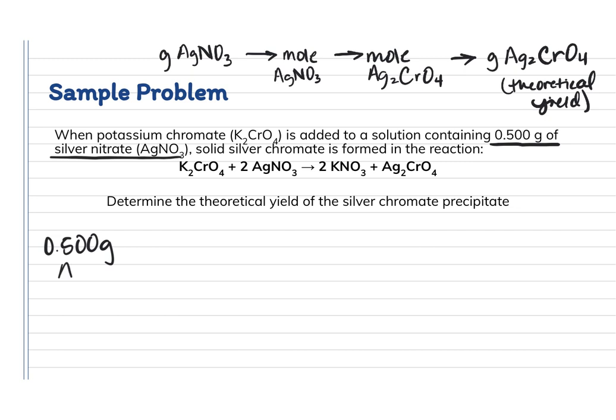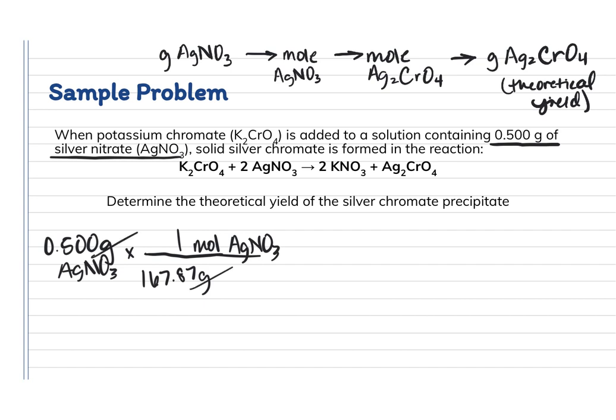So we'll take our 0.500 grams of AgNO3. We're going to convert that to moles first, so grams to moles. I'm going to add up the silver, the nitrogen, and the 3 oxygens. If you add all of those up, that's going to have a mass of 167.87.